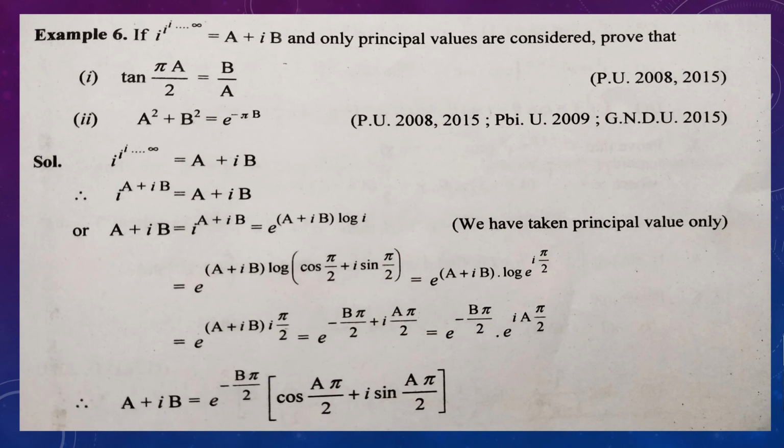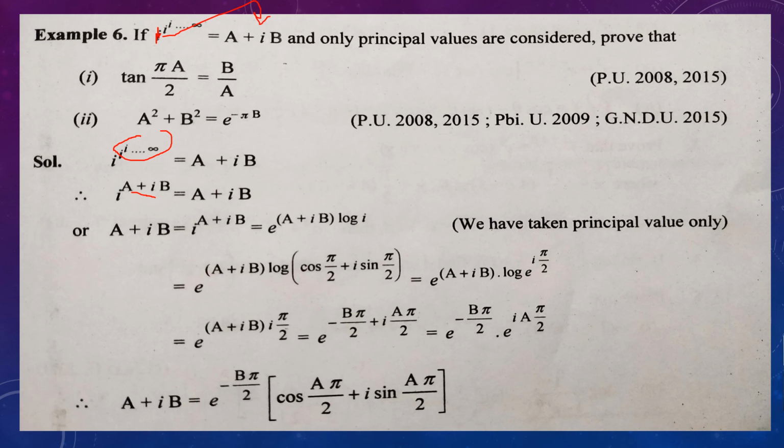Another very important question from the examination point of view: iota raised to iota, iota raised to iota, and so on to infinity. It is an infinite term. If we ignore this first iota, it is again my whole question, which is equal to a plus iota b. So instead of the first term, I will write this whole term as a plus iota b. This type of question is also discussed in the plus 2 class.